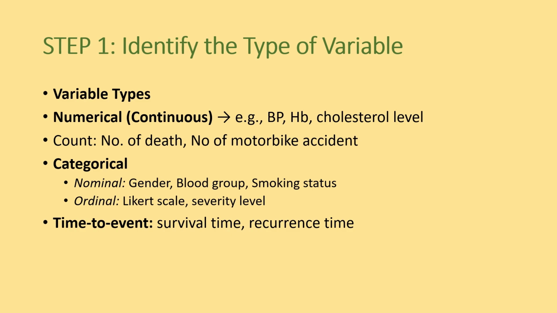If the data type is count, like number of deaths or number of motorbike accidents, or categorical data, nominal, like gender, blood groups, smoking status, ordinal, like Likert scale or severity of pain level. Time to event data, like survival time, recurrence time.